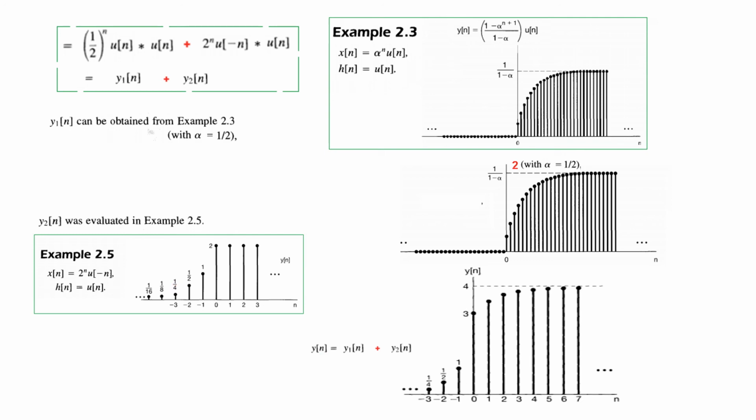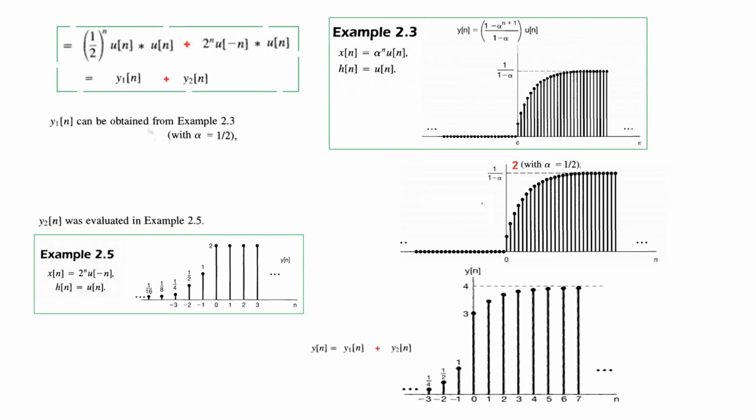Adding these two, we get the final answer: y[n] is y1[n] plus y2[n]. Let's say this point is 2 at 0, and here at 0 this is also 2, so 2 plus 2 will be 4. So at 0 the sum of the two is 4, the maximum point.